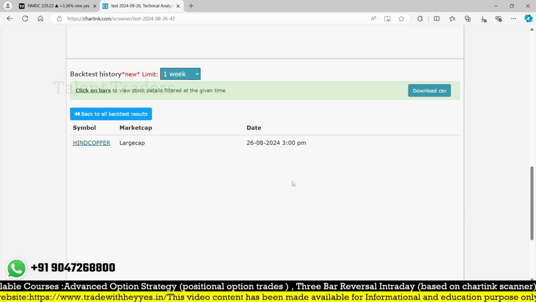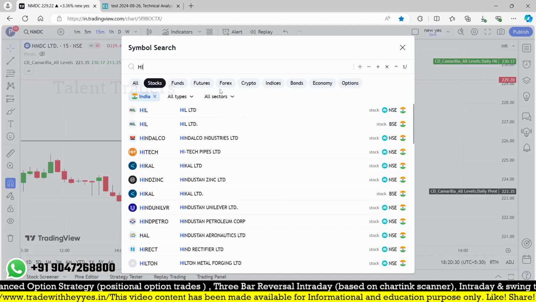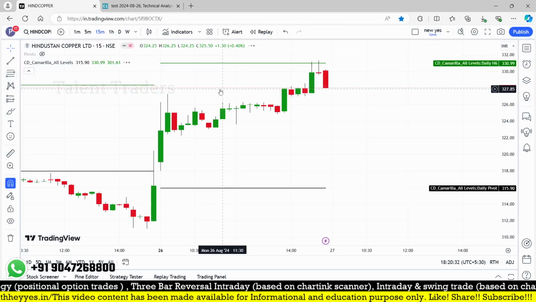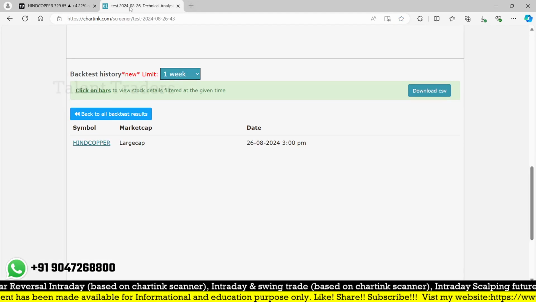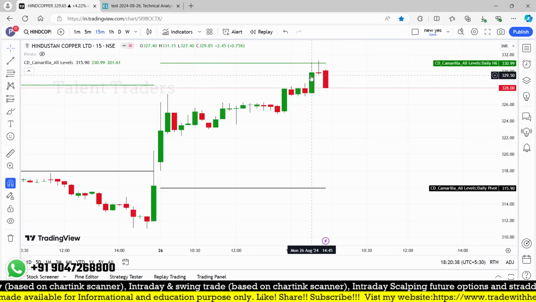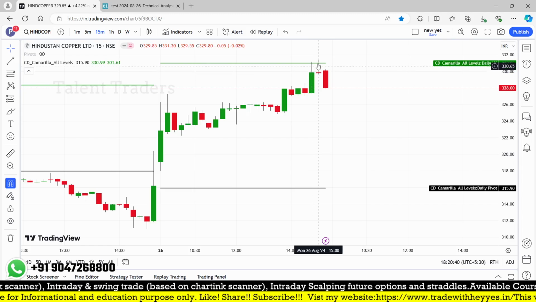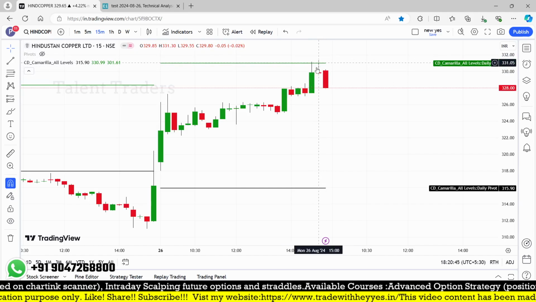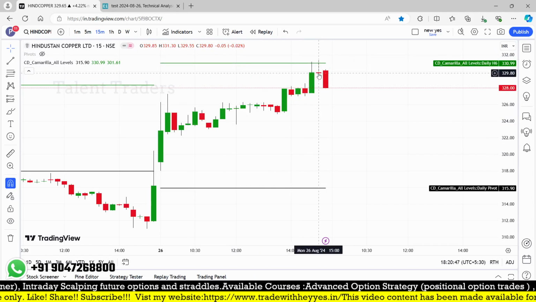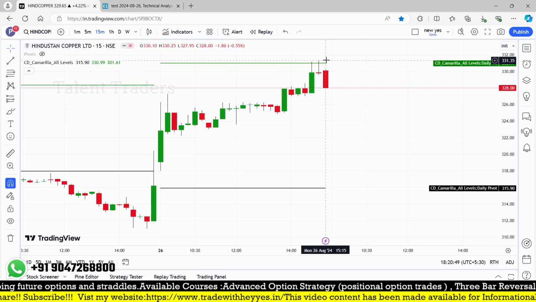Recently we had a stock, copper. Previously it did not come into the scanner, at closing hours. At what time is it? It is 3 o'clock, so 3:00 to 3:15 is the candle I just looked at. Previously it was not triggered, and this level is the highest one, and maybe there was a rejection at that high.